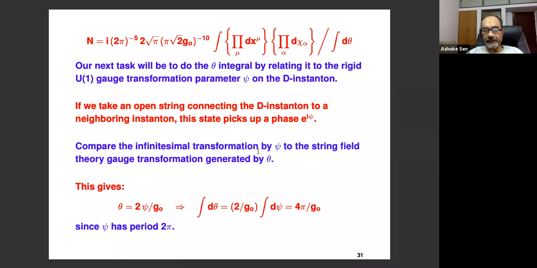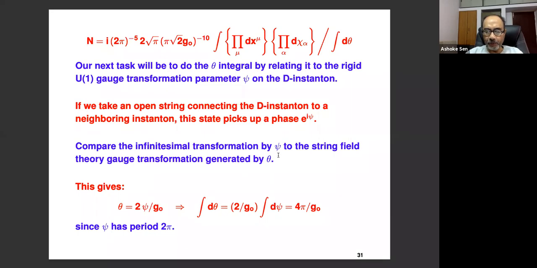You take some particular state, see how it transforms under theta and under psi, and then compare. But this state has to be a state that connects a given D-instanton to a spectator D-instanton, so you have to bring a spectator D-instanton and then do this comparison. If you take open strings from the D-instanton to the same D-instanton in the original string field theory, then nothing transforms.